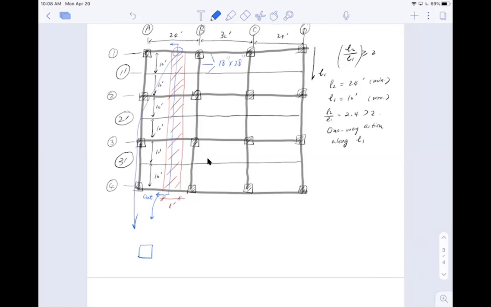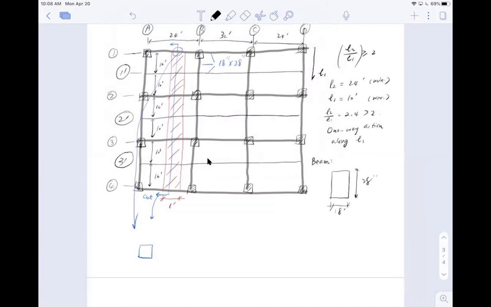For the beam, I have a dimension of 18 in the width direction right here, and I have a height of 28. So this is my beam direction.